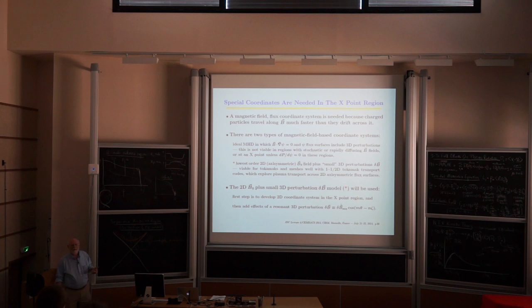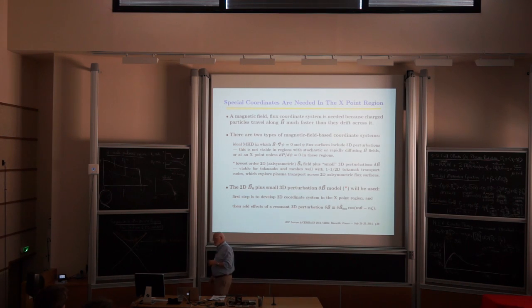It's infinite because B dot grad theta is 0, it turns out. But I really liked those coordinates because field lines were straight in those coordinates, in the sense that if I unfold the flux surface, the field lines are straight in poloidal angle, toroidal angle. And that makes the mathematical analysis a lot easier.